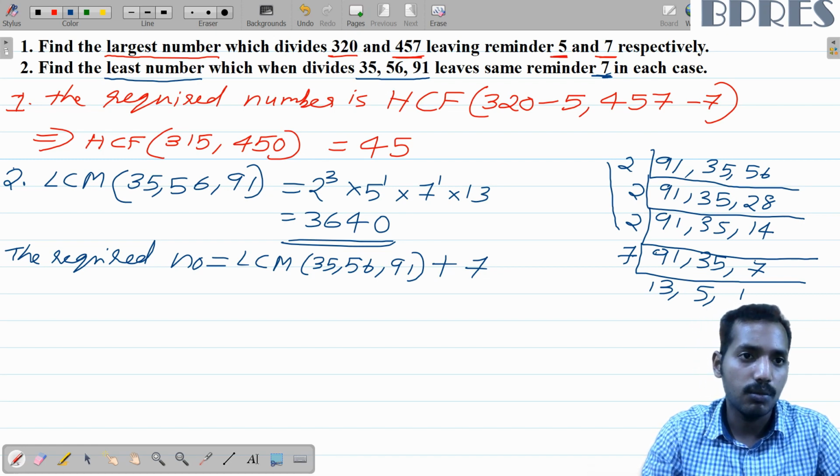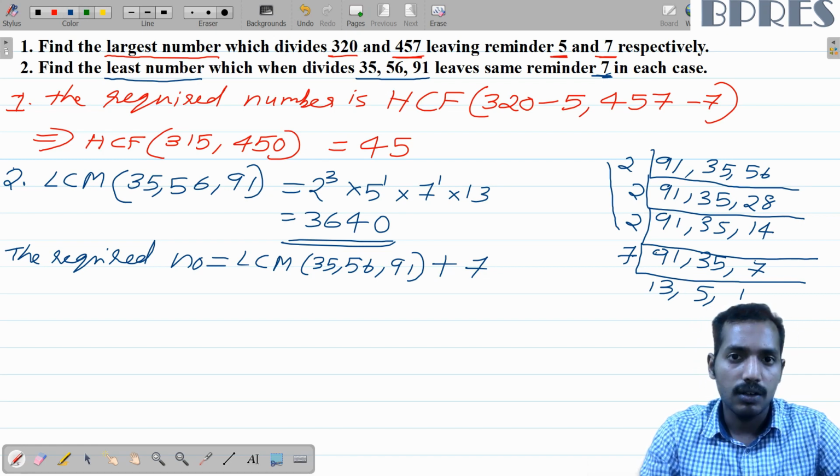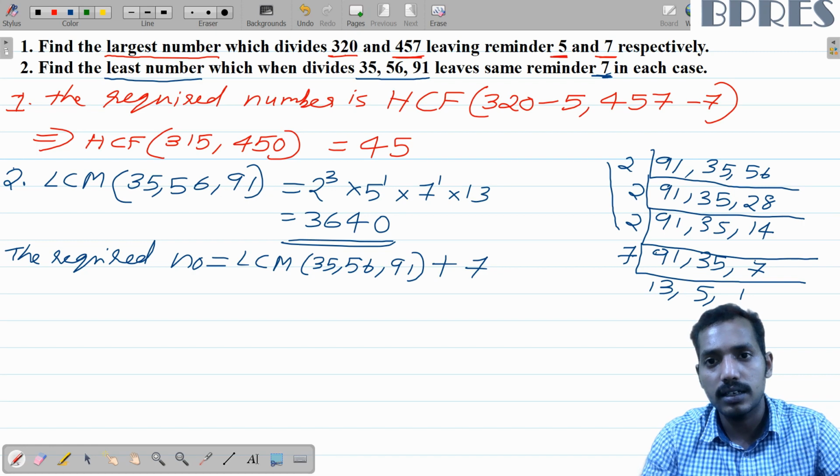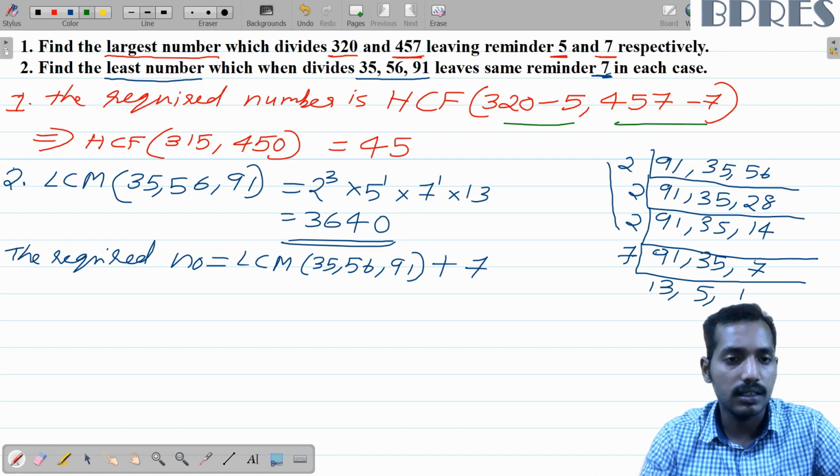See, in the first question, related to HCF, we first subtracted the corresponding remainders from the numbers, then found the HCF of the obtained numbers.